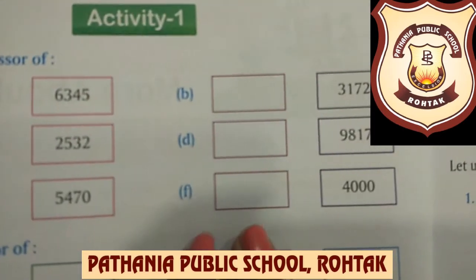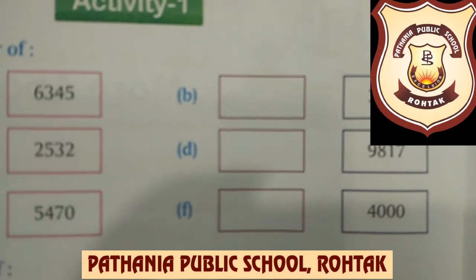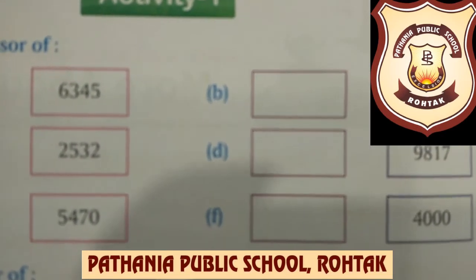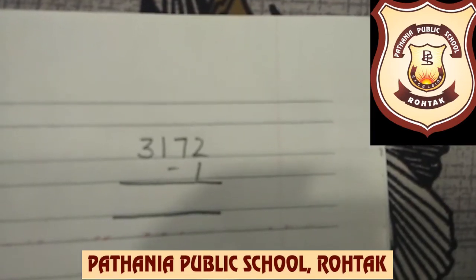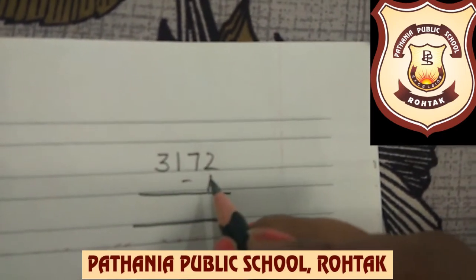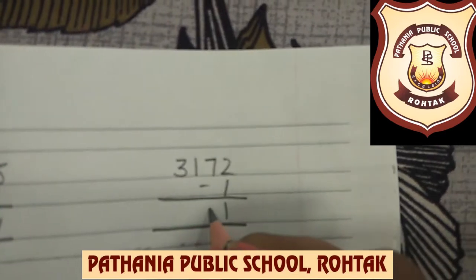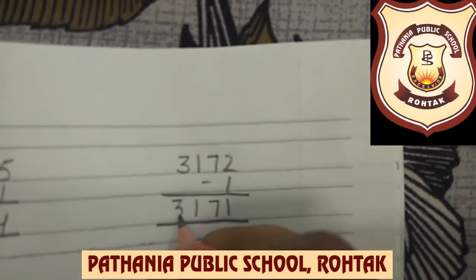Now in B part, it is asking the predecessor of 3172. Again, what will we do? Yes, we will subtract 1 from it. If we subtract 1 from 3172, what will we get? 2 minus 1, 1. 7 will remain the same, 1 will remain the same and 3 will remain the same.